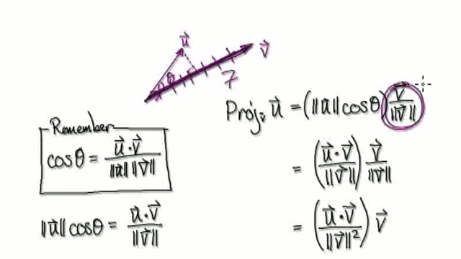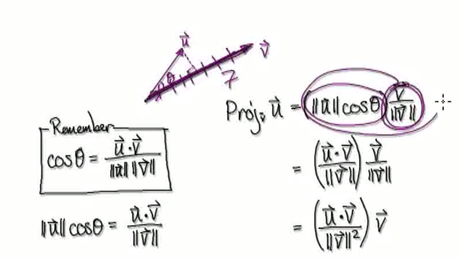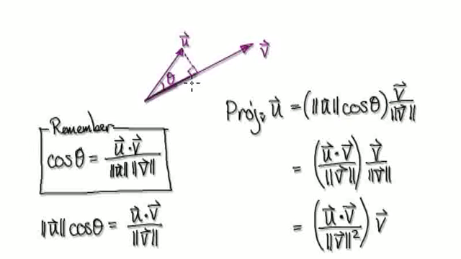This tells you the direction, and then times the magnitude. The combination of the two gives you the magnitude and the direction.